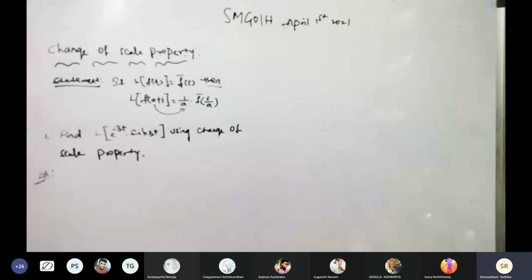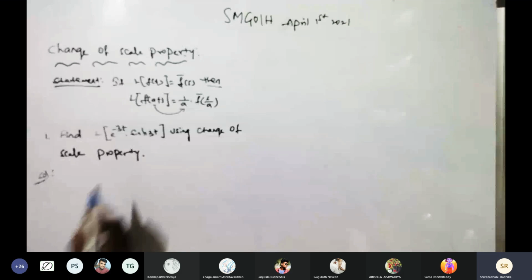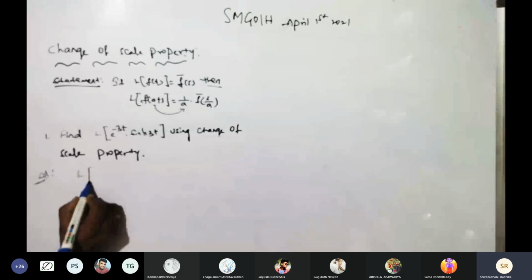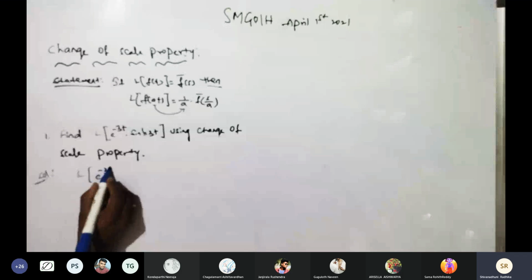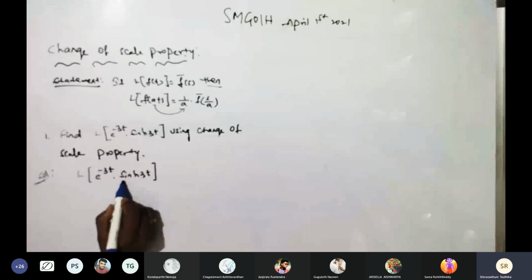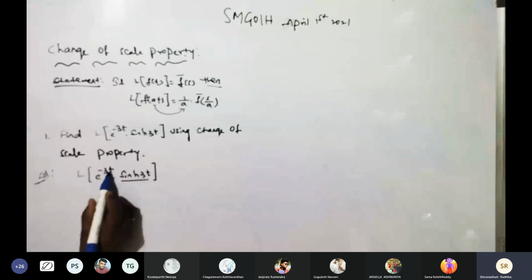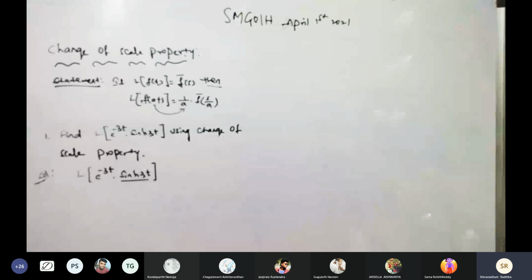First of all, I'm going to take the given function. What is the given function right now? L of e power minus 3t into sin h3t. So this is the given function. E power minus 3t is the exponential function.